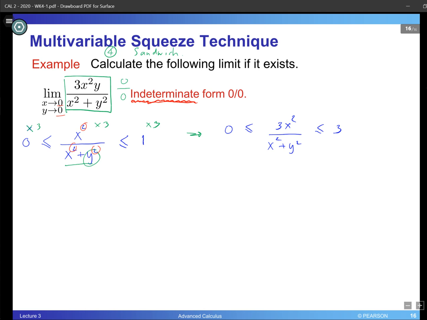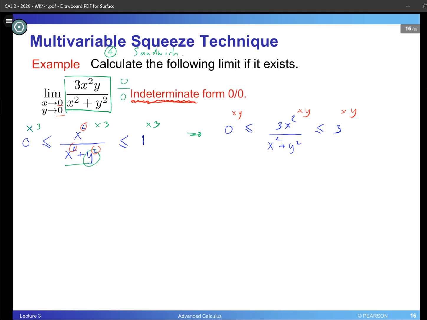The next thing I'm going to do is to multiply y all the way through. But when you multiply y into an inequality, it's going to be a little bit tricky, because if y is negative, then the direction of this inequality is going to switch.